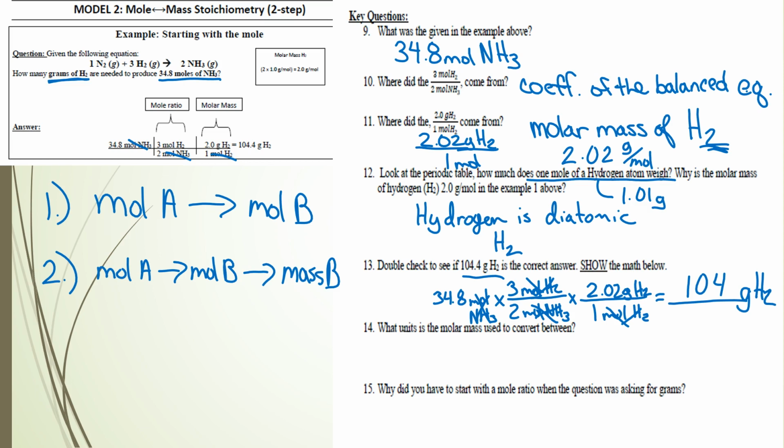But in our class, I want us to use the 2 decimal places on our molar masses. So the answer I would have been looking for was 105 on this and not 104. On the test, use the 2 decimal places. That's why I teach 2 decimal places, because that's what they use.